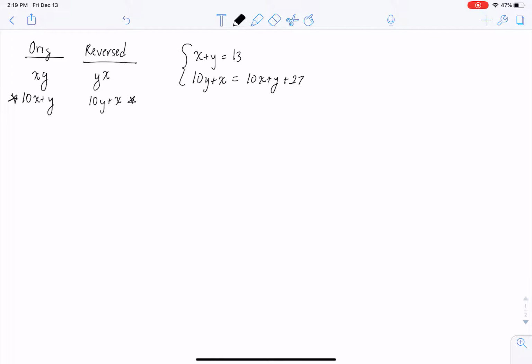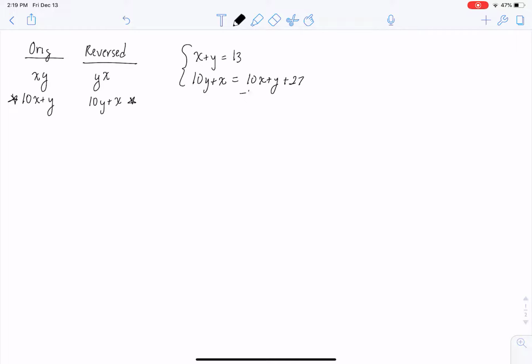Now, I'm going to simplify this second equation. Let's simplify this a little better, right? Okay. So I'm going to subtract everything onto my left-hand side, right?